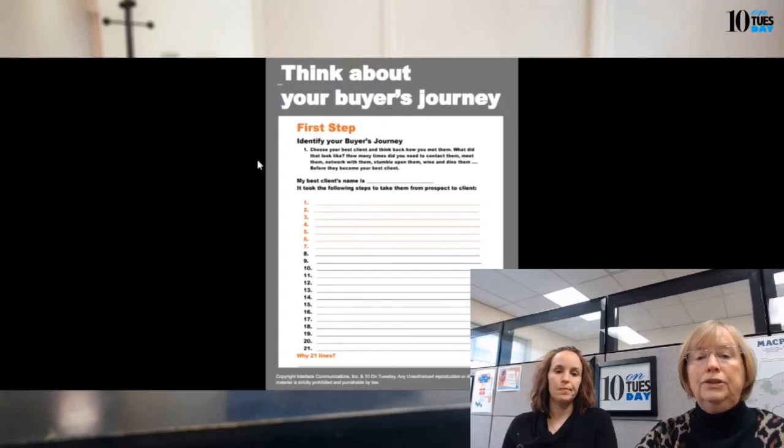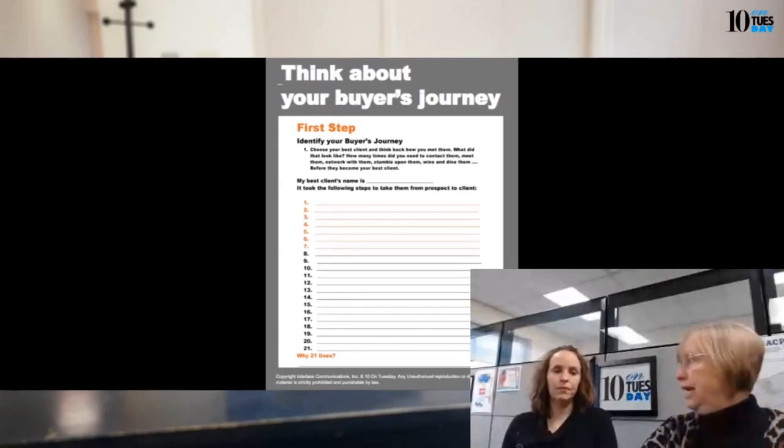This is a sheet that you're going to see at the end. You can ask yourself these questions: How does a client find me? And what are the steps that are required? If you notice, I highlighted 1 to 7.